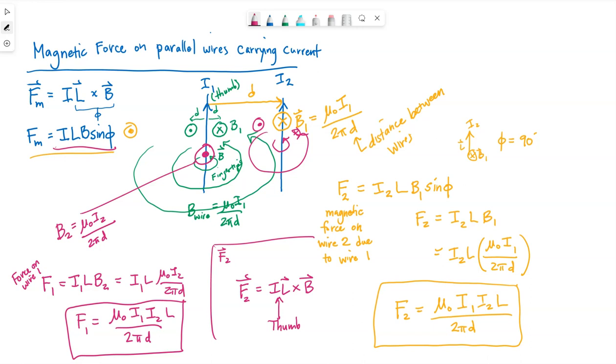Well, the first vector here is technically L, but the direction is determined by the direction of I. So in my picture, I drew I2 pointing up towards the top of the screen. So we need to take our right hand and point our thumb in the direction that represents towards the top of the screen.